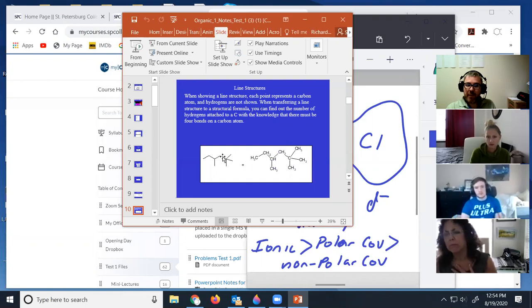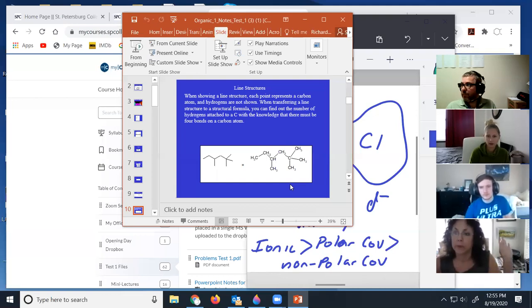If you look at this carbon in the middle that I'm pointing to with my cursor, you've got 2 bonds. That means there must be 2 hydrogens on it. And this C here already has 4 bonds on it, so it's going to have no hydrogens. And this one here has 3 bonds, so it needs 1 hydrogen. Does anybody have any questions about that?